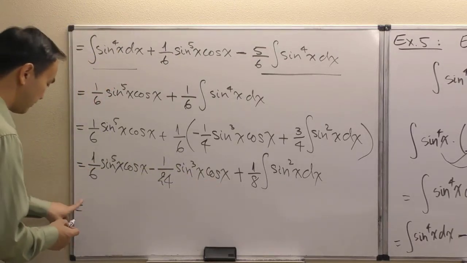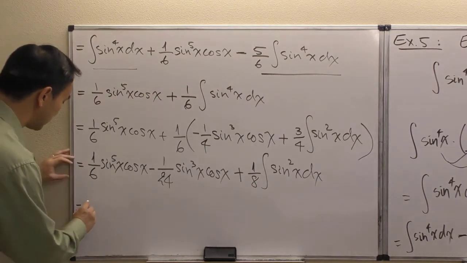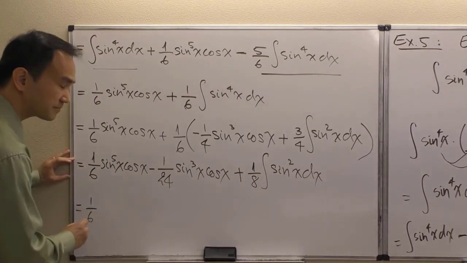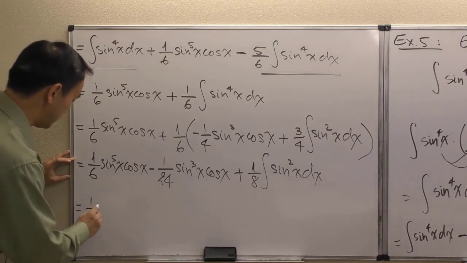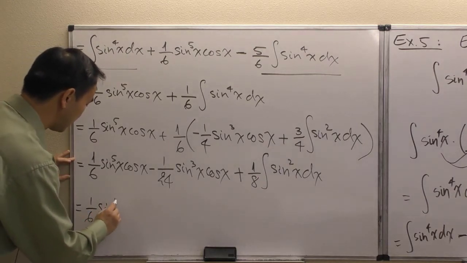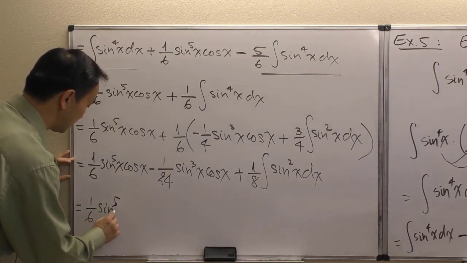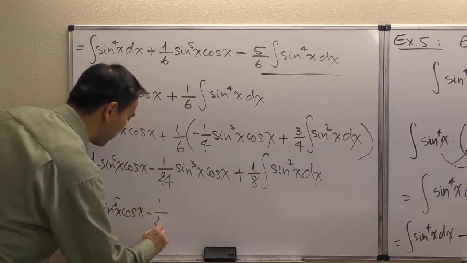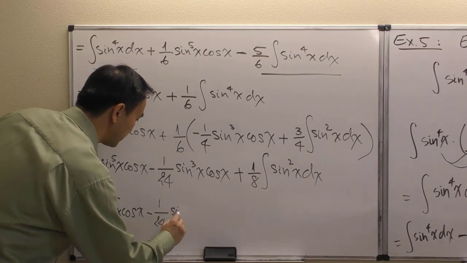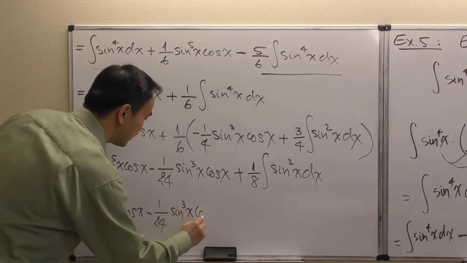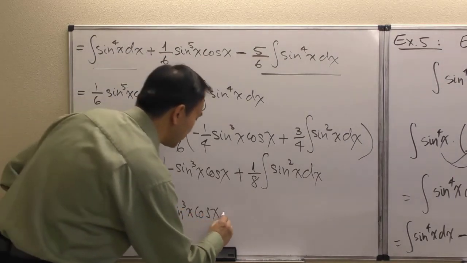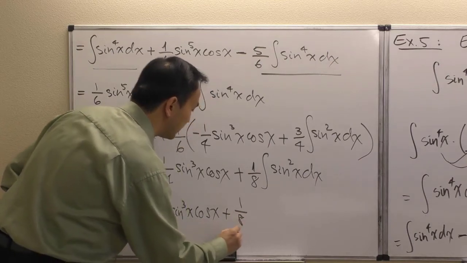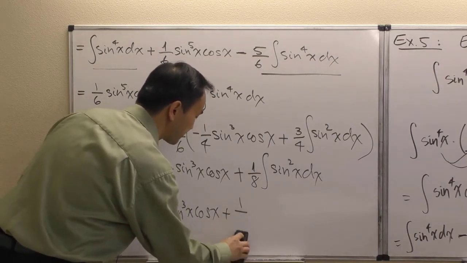So the first term here is a positive 1/6 sine to the fifth of x, cosine of x, minus 1 over 24 sine cube of x, cosine of x, and plus, so now I keep 1/8 as a coefficient.